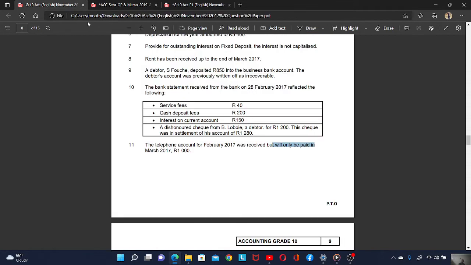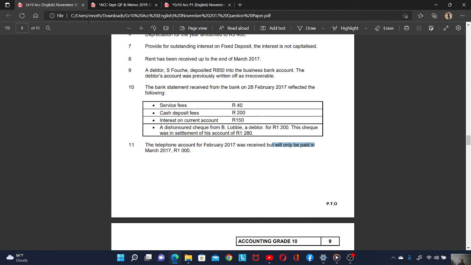Let's check another one. The telephone account for February 2017 was received but will only be paid in March 2017. So remember I said you can identify the accrued expense if they're saying not yet paid or is still outstanding or is still due, then you know that is an accrued expense.